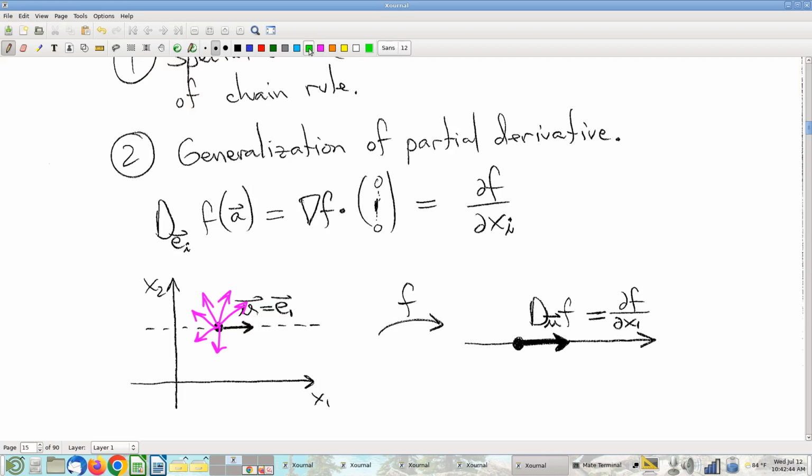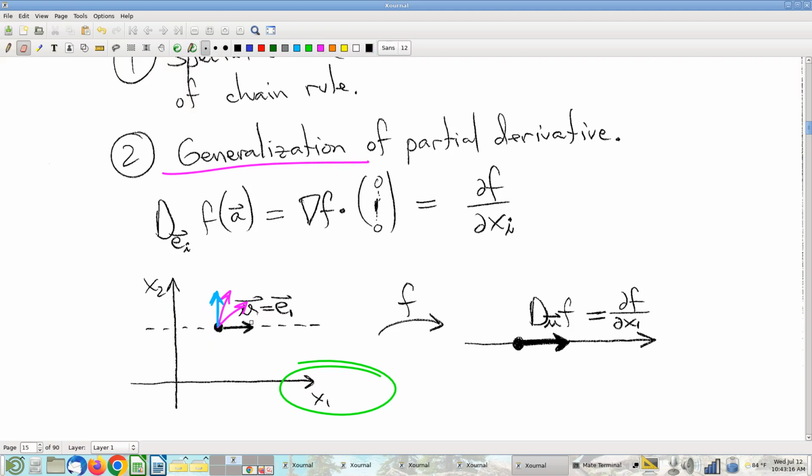Partial derivative means specifically unit vectors in the direction of axes, for example in the x1 direction or specifically in the x2 direction. So partial derivatives and directional derivatives are very similar. Directional derivatives just generalize it in the sense that you're allowed to point whichever way you want to point. I think that's a nice point of view.